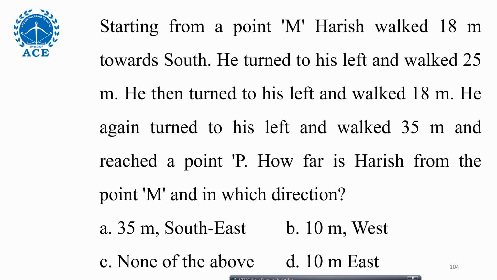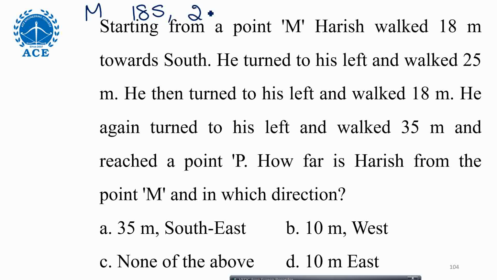Now I think this is related to directions, but a new question. Starting from a point P, see this long question also, how fast we are able to solve using the method we learned. From M, we started south 18 meters. Then turning left side, from south left side means anti-clockwise.